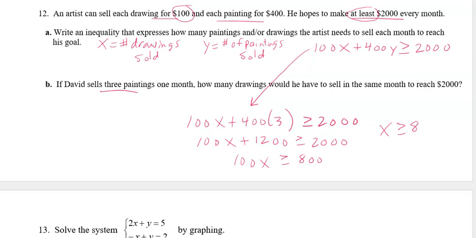And answering a word problem with words, he must sell at least 8 drawings.